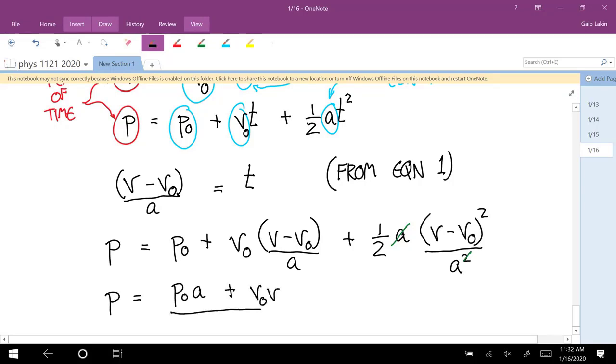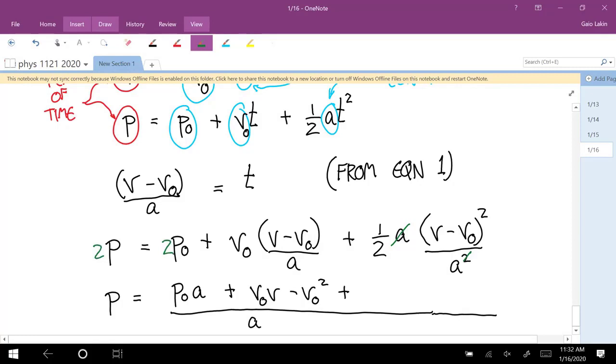This whole thing is going to have a denominator of A. V0V minus V0 squared plus 1, actually, let me multiply all this stuff by 2.